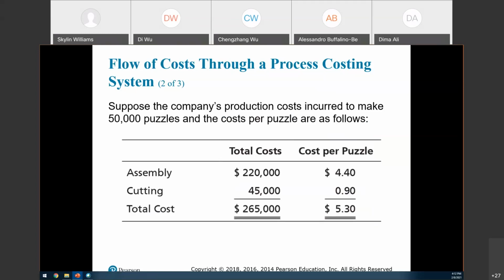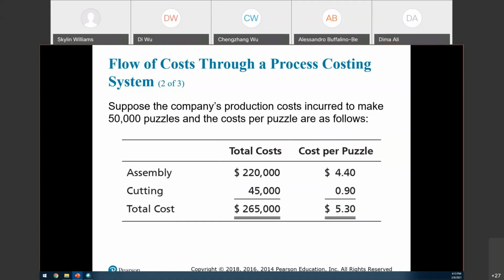So divided by 50,000, we know the cost per unit is $4.40. Regarding the cutting process, the total cost is $45,000 divided by 50,000 puzzles.